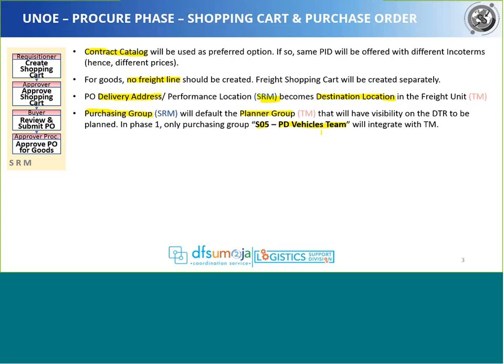Okay, so for all the other types of commodities, there will be no planning. That will come in a different phase of the project. Okay, so for phase 1, that is starting the 15th of January, only shopping carts with purchasing group PD vehicles team will go into TM, right?